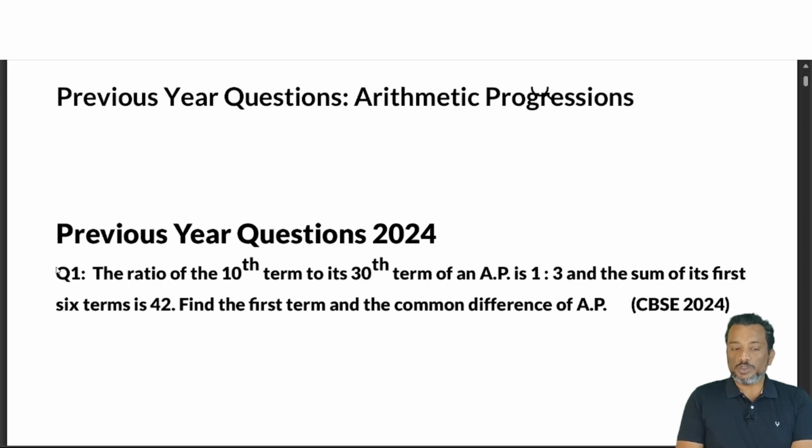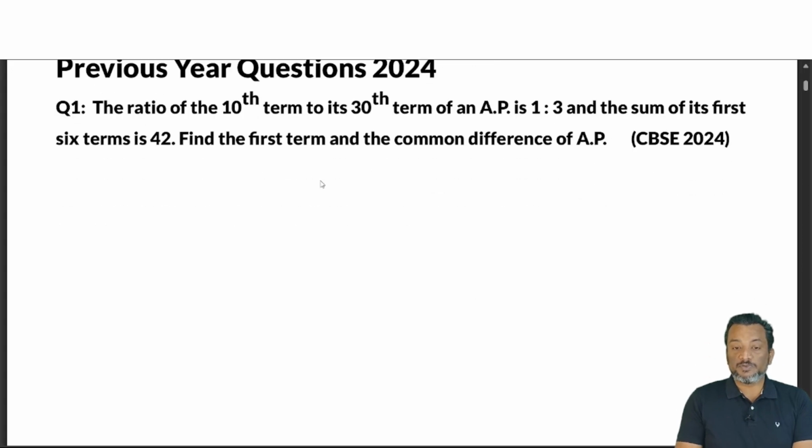The first question, of 2024, says the ratio of the 10th term to the 30th term of an AP is 1:3, and the sum of the first six terms of the AP is 42. You have to find the first term and the common difference of the AP.